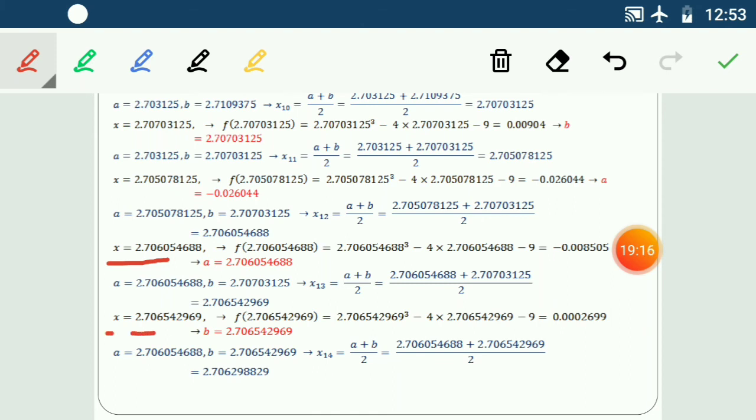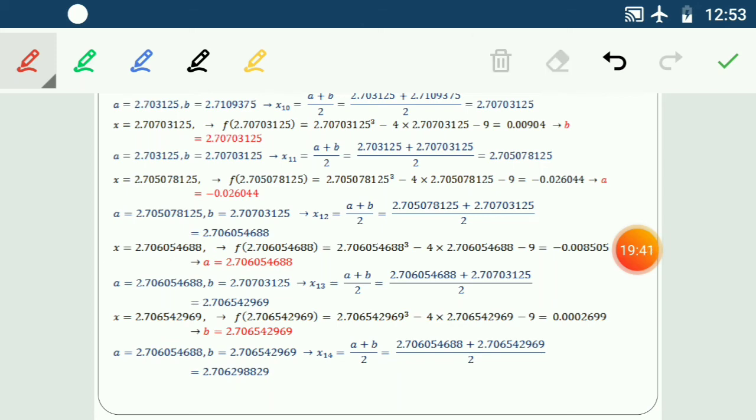And in the last iteration also we are getting 2.706. So up to the 3 decimal places we are getting the same values. That means this could be the answer of the particular question up to the 3 correct decimal places, right? So this should be the answer for this question.